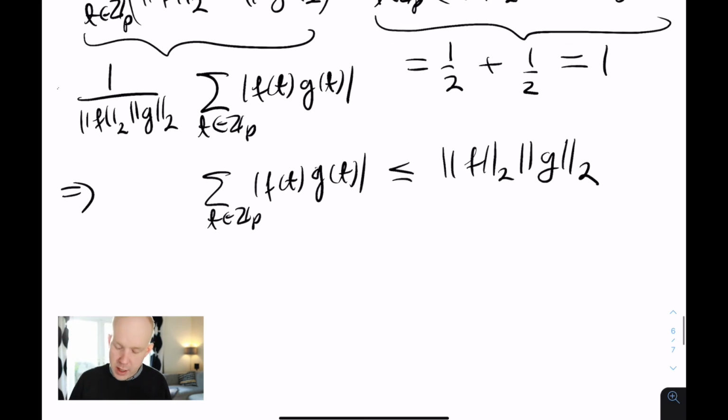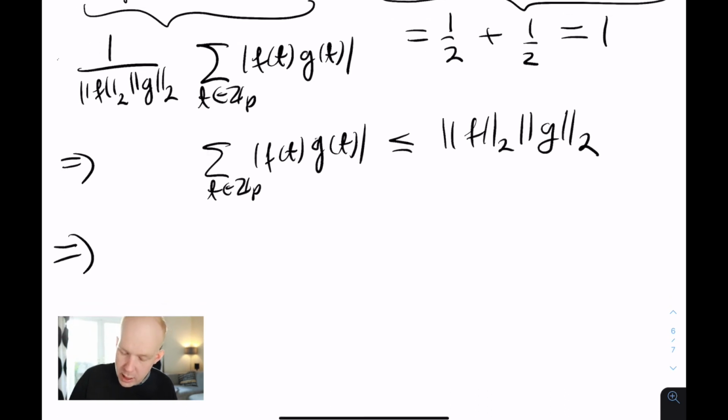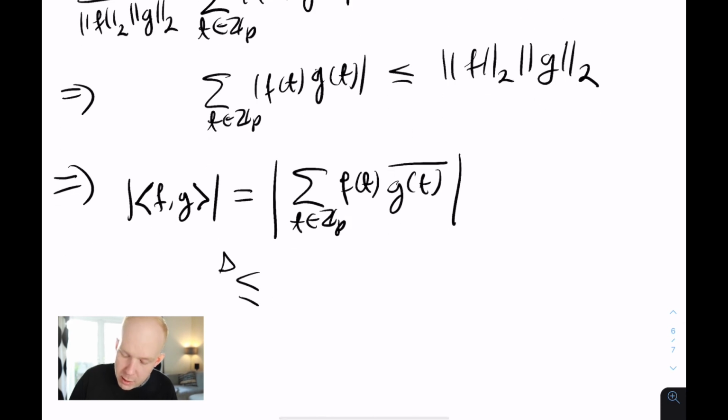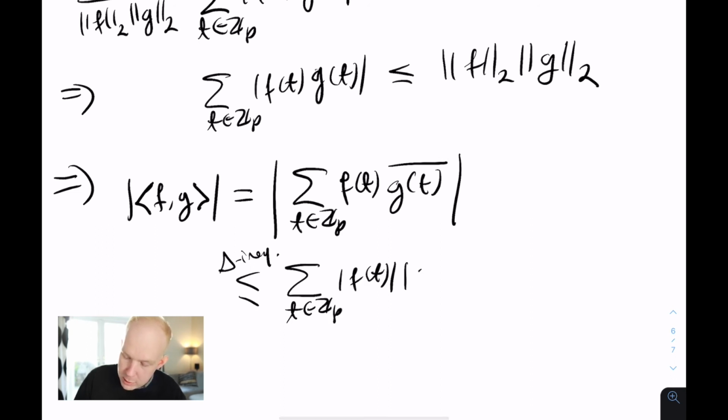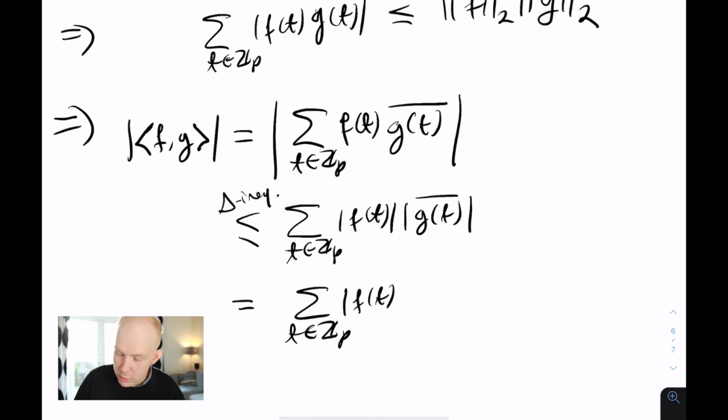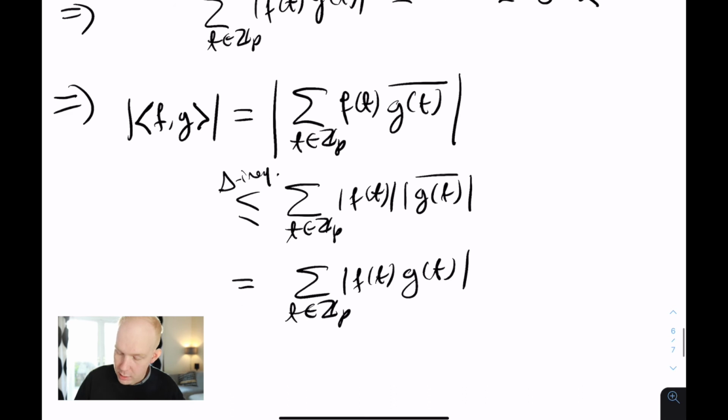And now why this implies the final thing: if you take the absolute value of the inner product of f and g, we get that this is the absolute value of the sum over t in Z_p of f(t) times g(t) complex conjugate. Then by the triangle inequality for a finite sum of complex numbers, this becomes at most the sum over t in Z_p of |f(t)| and |g(t)| complex conjugate, which is actually equal, because complex conjugation doesn't change the norm, to |f(t)||g(t)|, as claimed.